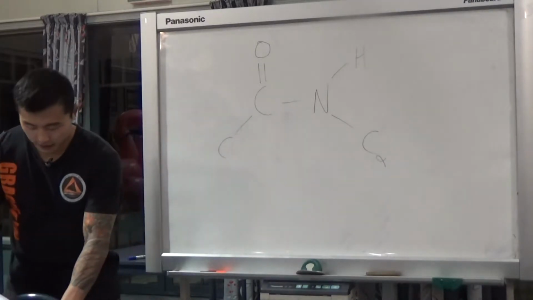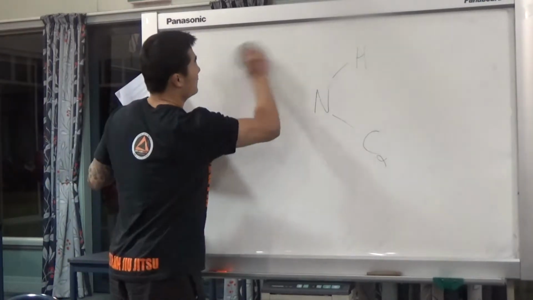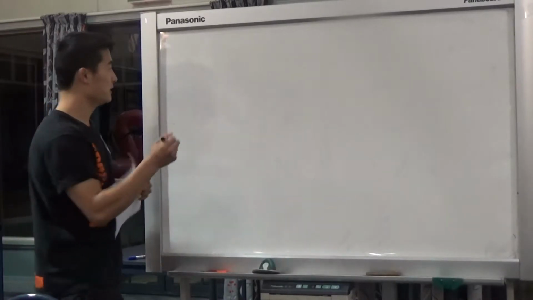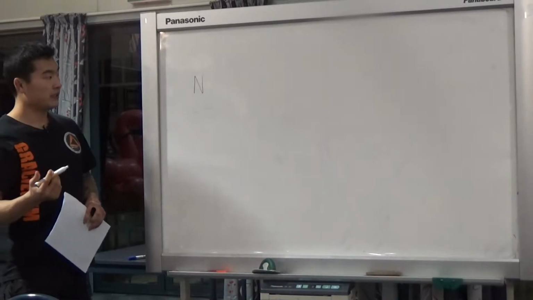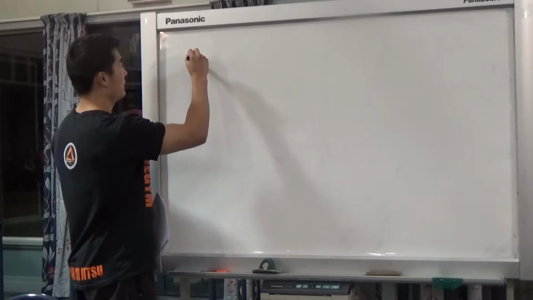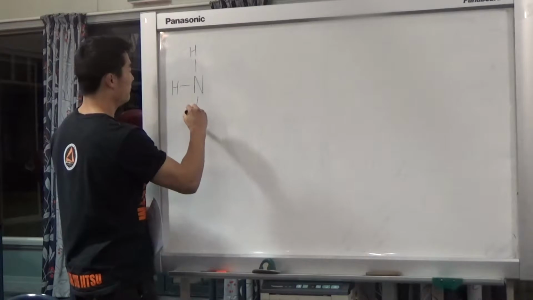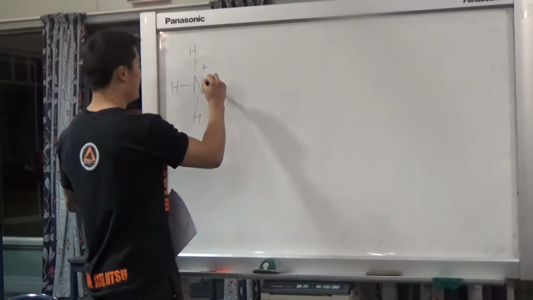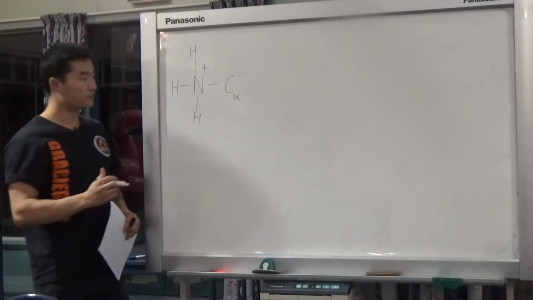Okay, so let's draw the dehydration reaction of a peptide bond forming. So your generic amino acid is going to look like this. You're going to draw the nitrogen first, and at physiological pH, it's going to be protonated, right? So it's going to be positively charged, and it's going to be connected to your alpha carbon, okay?